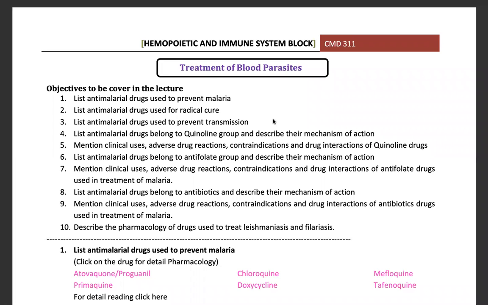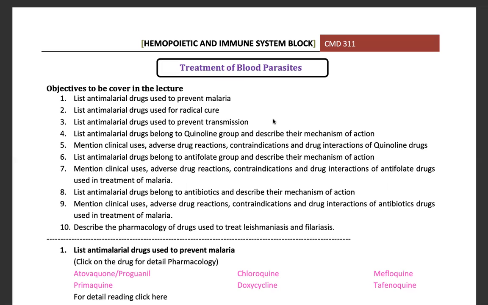The prerequisite for this lecture: you should know the life cycle of malaria amongst the blood parasites. The most important here is malaria, and we will also see leishmaniasis and filariasis.